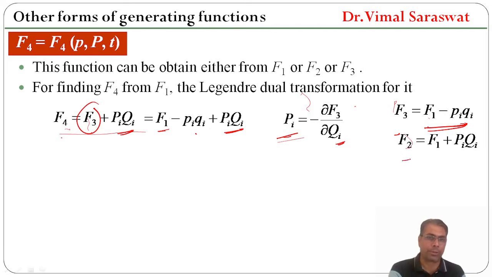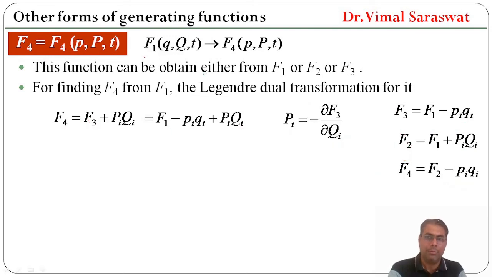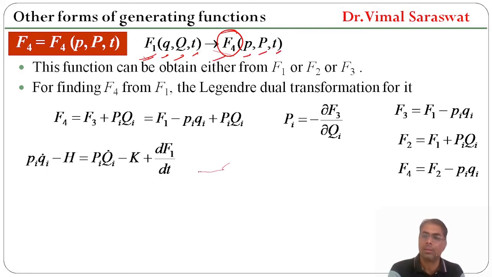and F2 equals F1 plus capital Pi Qi. Also F4 equals F2 minus small pi Qi. Now we want to find the generating function F4 from F1, and F1 is a function of small q, capital Q and T, whereas generating function F4 is a function of small p, capital P and T. So F4 equals F1 minus small pi Qi plus capital Pi Qi.